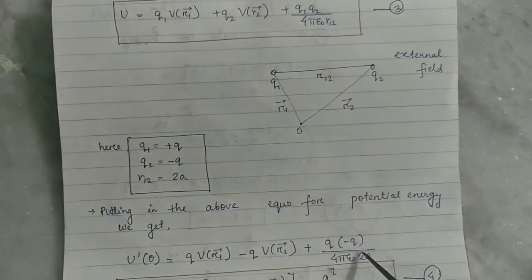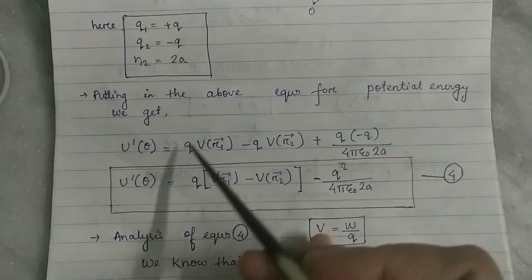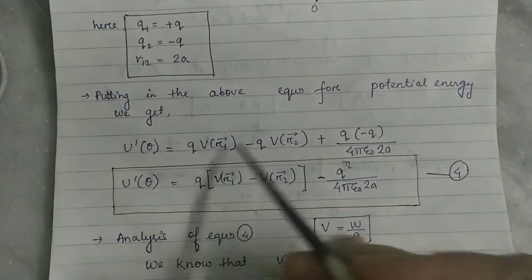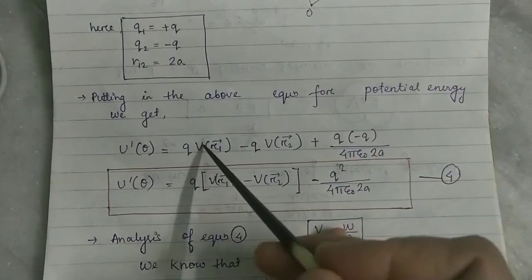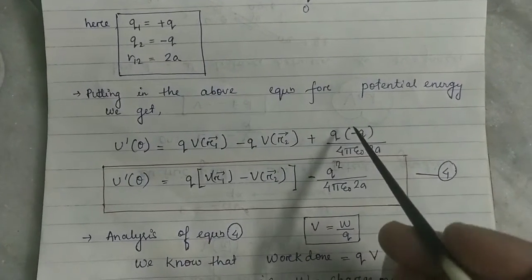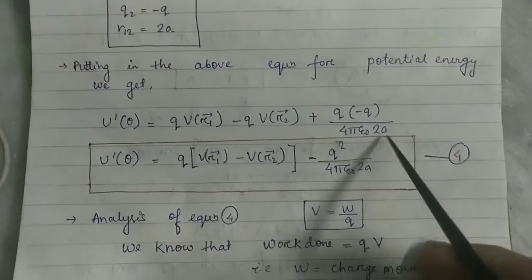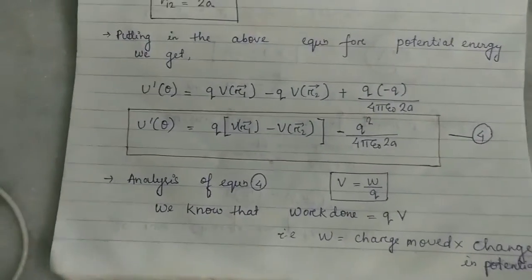In place of R12 you put 2a. So our expression became U dash theta equal to, from here we can take Q common, so Q in the bracket V R1 minus V R2, then plus into minus, minus Q square by 4 pi epsilon naught 2a. Let it be equation number 4.